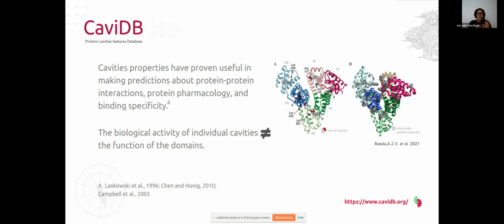So the knowledge about one particular domain activity is maybe not enough for describing the full functionality of the protein. Maybe we need to have an integrative approach, considering the whole cavities and the whole domains from the protein to study the protein function.